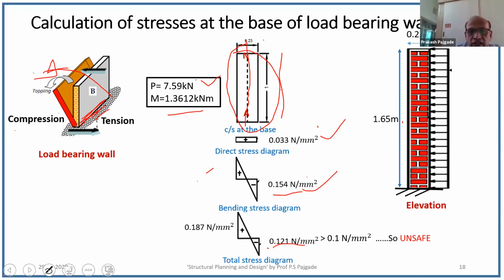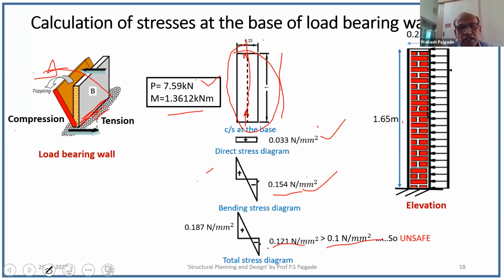If you consider the permissible stress in brick, normally no tension is allowed in brickwork. But under wind or earthquake case, in case of a freestanding wall, some amount of tension is allowed, that is 0.1 Newton per millimeter square. But the actual value of stress is more than this. So this particular compound wall is not safe. So what is the conclusion?